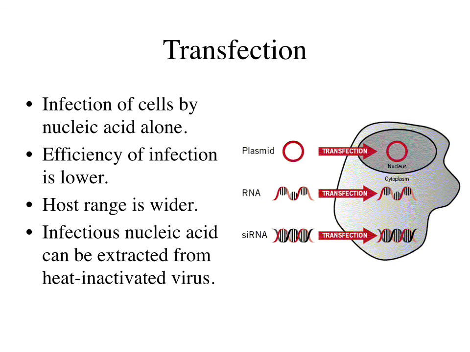Another aspect of working with transfection is that in some RNA viruses, you can make a DNA copy of the viral RNA that is infectious. This can be really useful in the lab because RNA has a much higher mutation rate than DNA. Remember, DNA has a proofreading mechanism that RNA doesn't have.